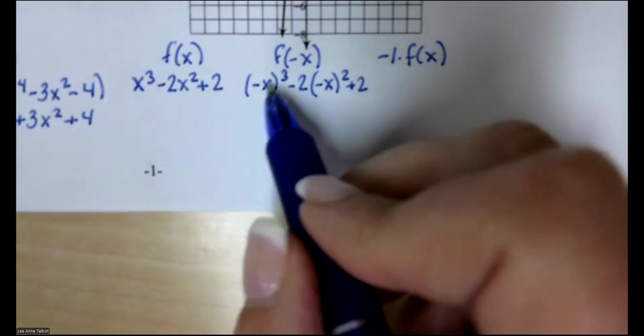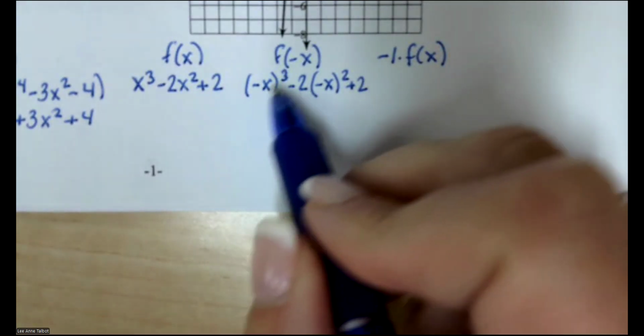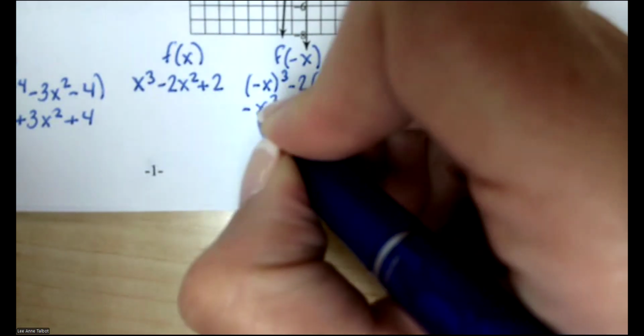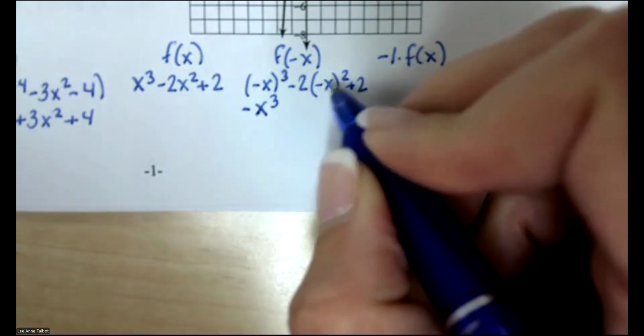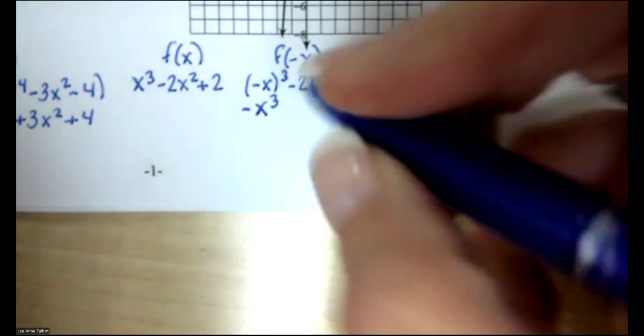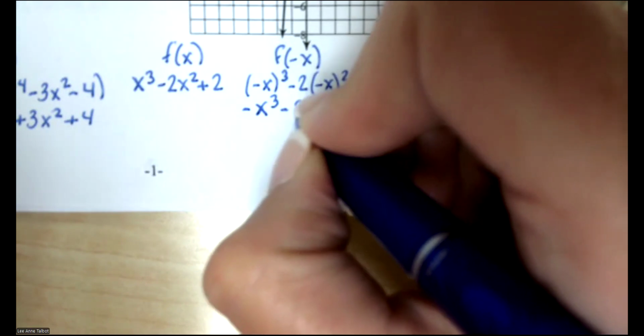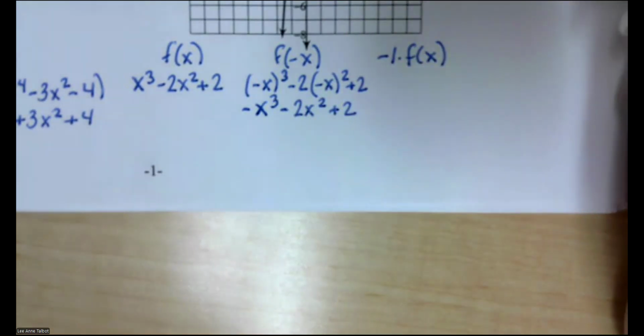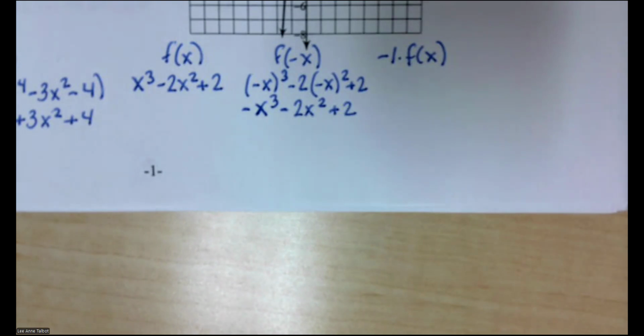Okay, how many negatives are right here? 3, so it's negative. How many negatives are right here? 3, so it's negative. Okay, so those two don't match, which isn't really shocking if you look at the graph.